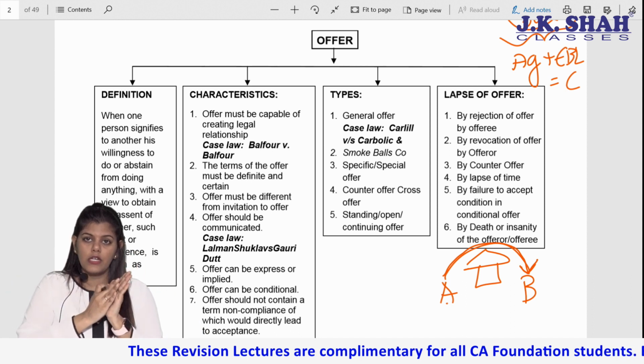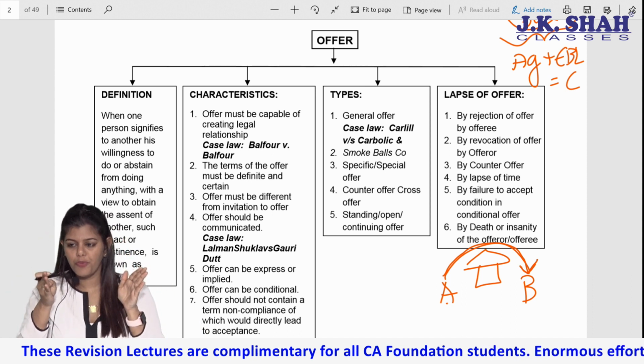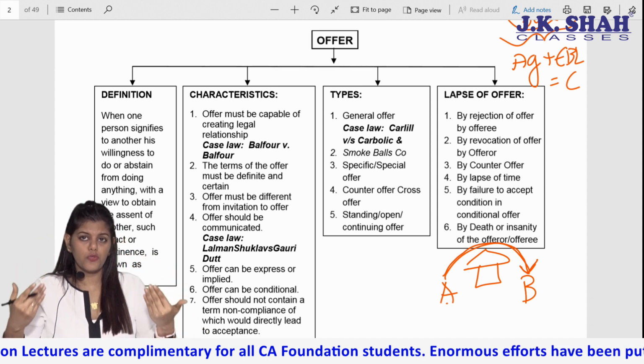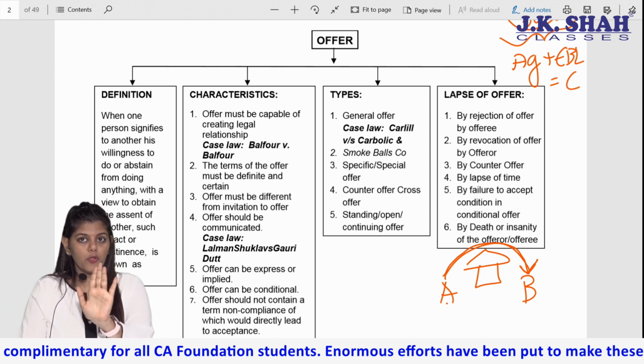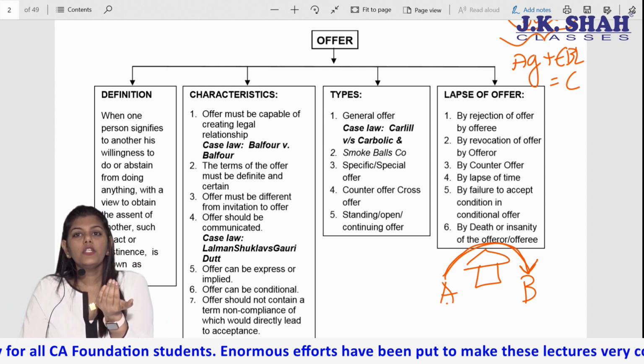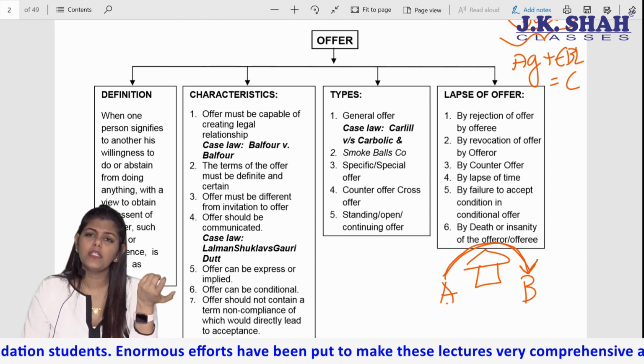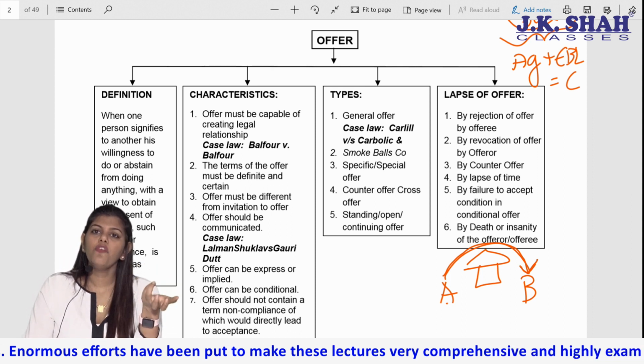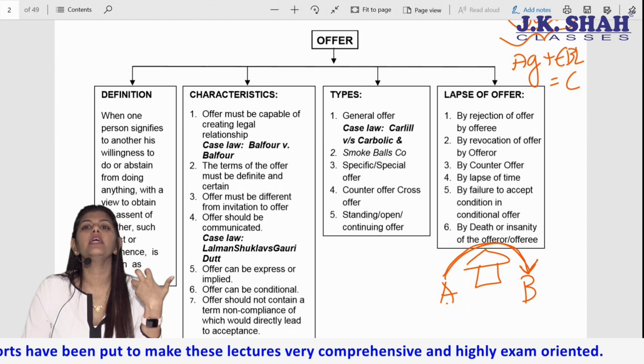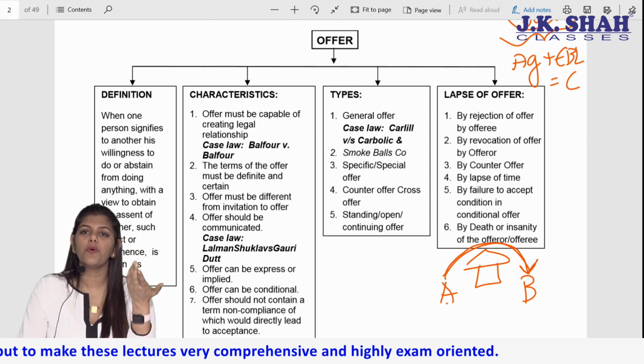So when a person signifies to another person his willingness to do something or abstain from doing something in order to get an assent. Assent means approval. When you give an offer, obviously you are expecting acceptance from the opposite person.